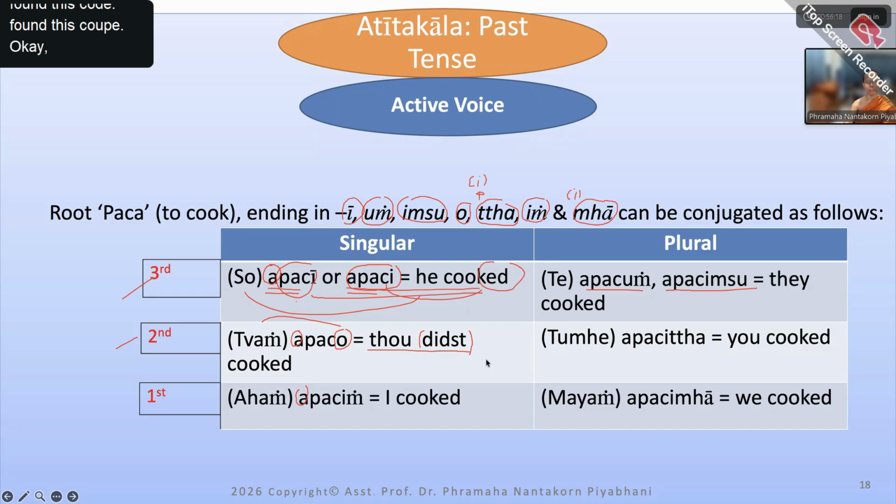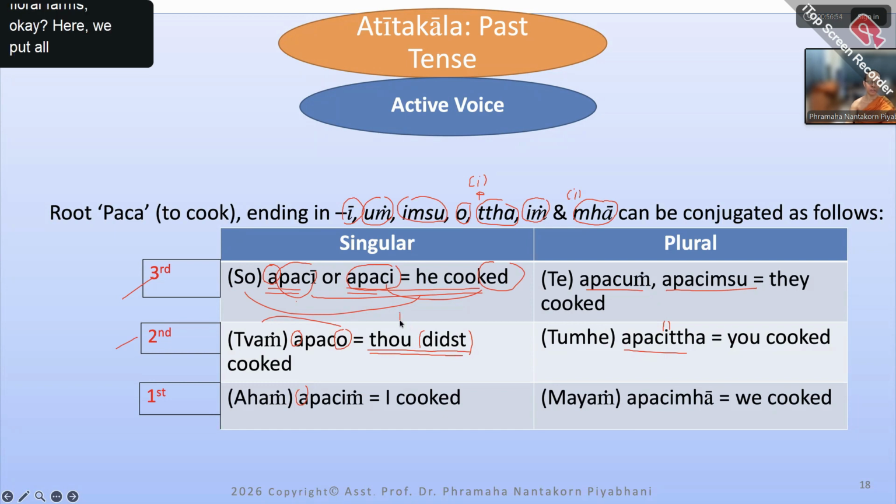Okay, this is plural or singular? Plural: tumhe apacittha. You see it. Tumhe apacittha, you cook. This one cannot be translated as just you, to make it different from the singular form.